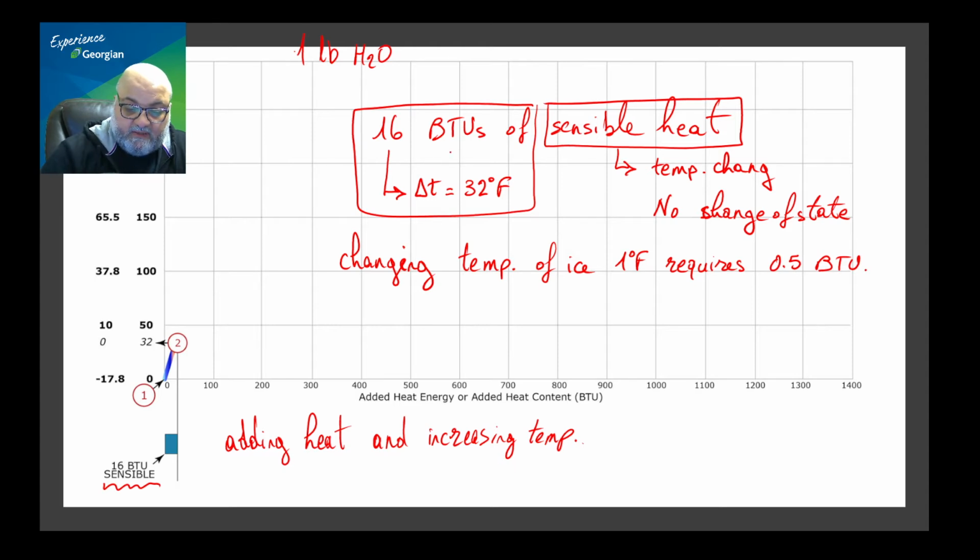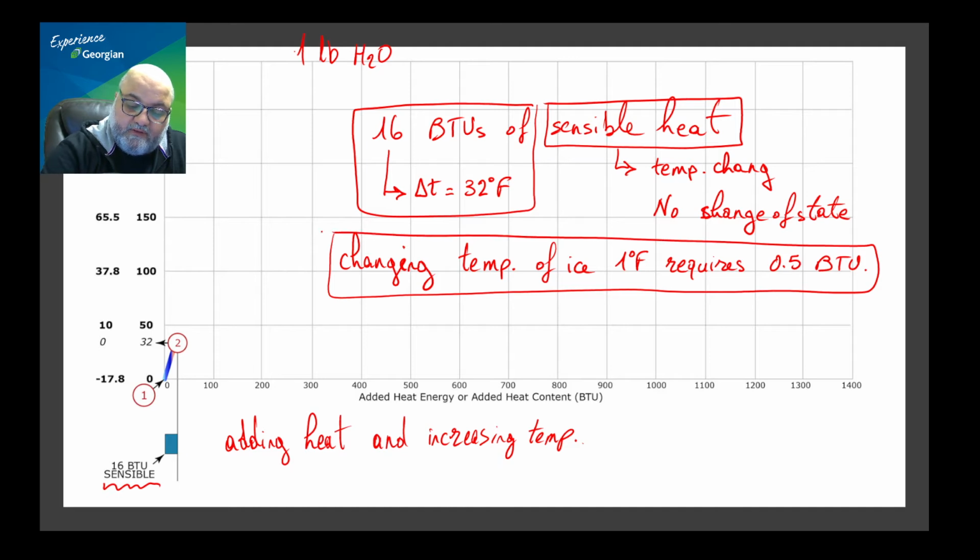That's what it is. For every 32 degree Fahrenheit change, we use 16 BTUs, half the amount of the 32, and therefore the rule or the statement is that for every 1 degree Fahrenheit change, we need half a BTU.